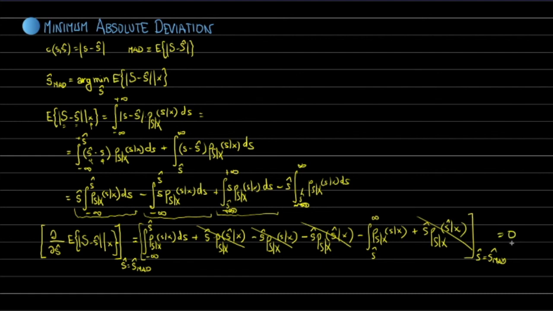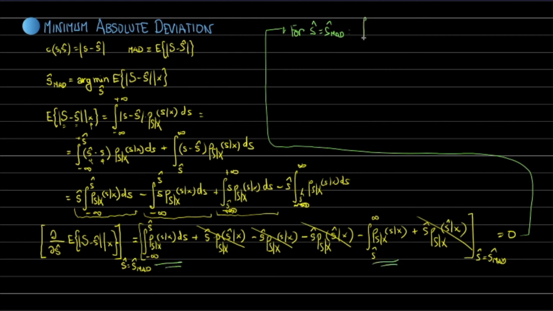Okay, so in the minimum, if we move this term to the other side, for S hat equal to SMAD, we have that the integral from minus infinity to SMAD of the posterior distribution of S given X, differential S, should be equal to the integral from SMAD to infinity of the posterior distribution of S given X.